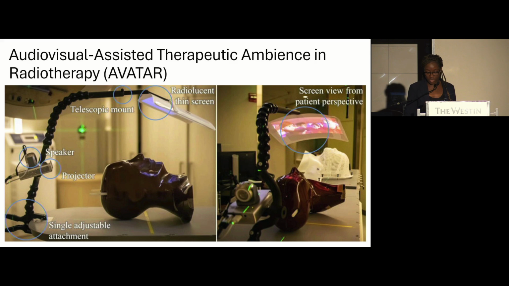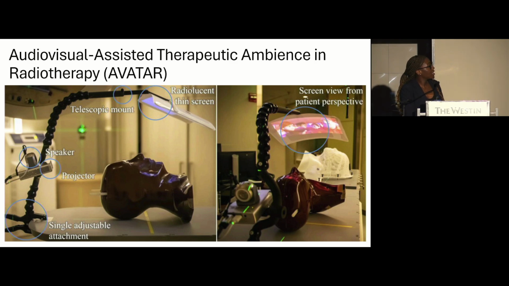It includes a projecting device. We've been using a projector since the creation of this. It also has a speaker that's mounted on top of the projector. It's usually attached to the table. We've changed this over time, and I'll show the newer model using this single adjustable clamp.